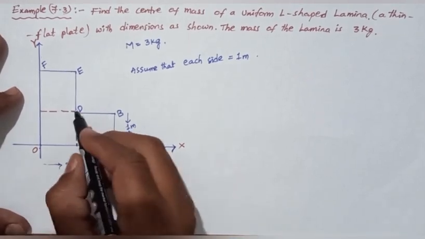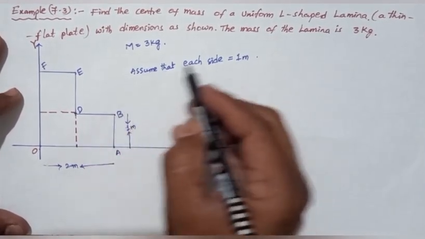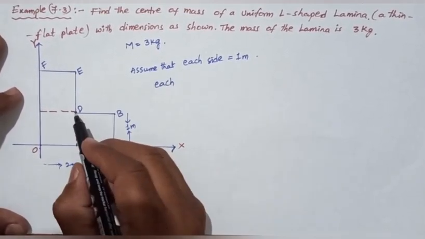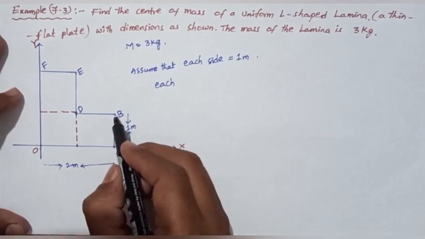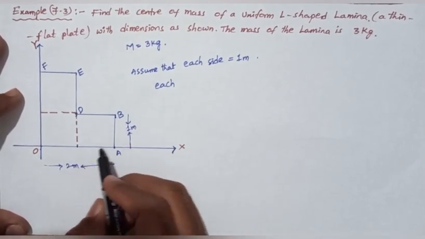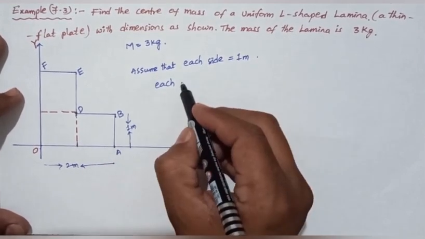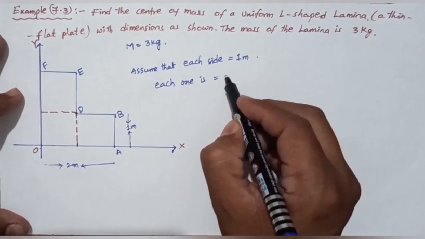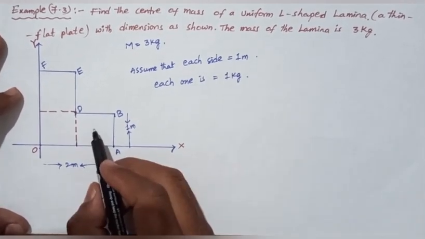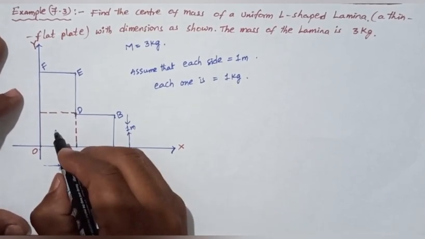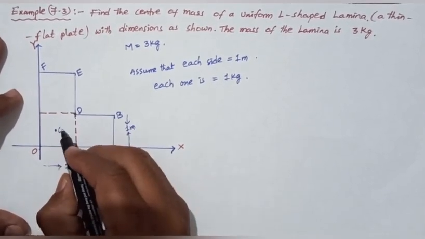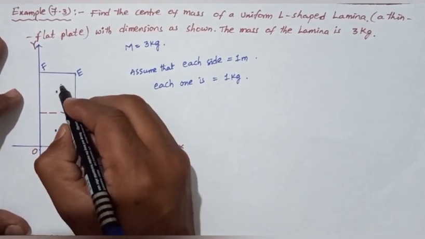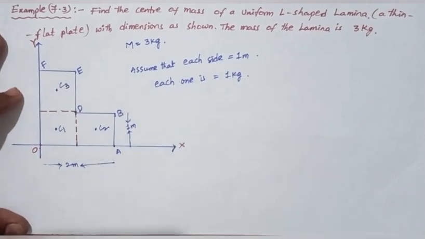Each one is 1 kilogram. The three parts are divided, so the center of mass of the first is C1, of the second is C2, and of the third is C3.